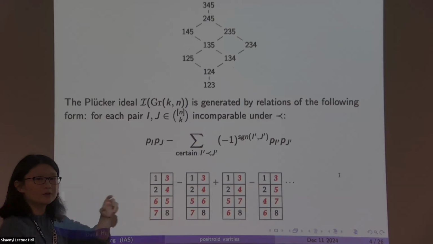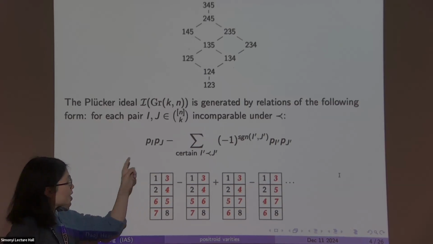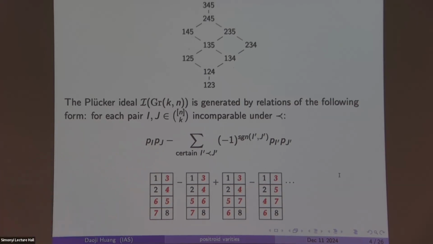So at the end, I will always be able to rewrite things so that every leading term is followed by a bunch of comparable Plucker pairs. Okay. So I would like you to take a mental picture of what this picture looks like.